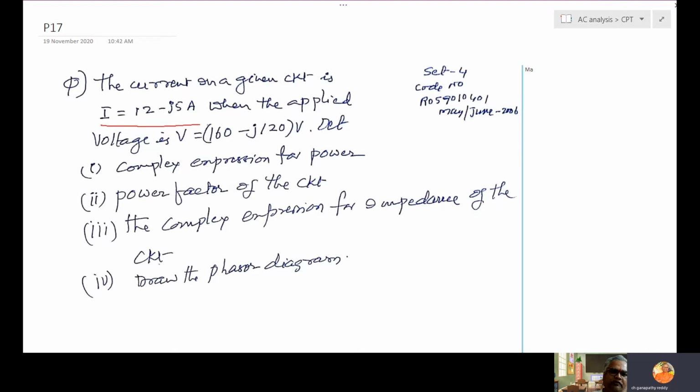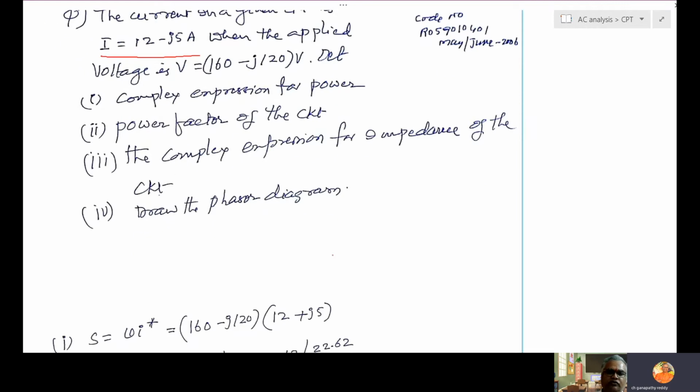When the applied voltage V is 160 minus J120 volts, determine the complex expression for power, power factor of the circuit, complex expression for impedance of the circuit, and draw the phasor diagram. Voltage and current are given. Complex expression for power is S, which is nothing but VI star.